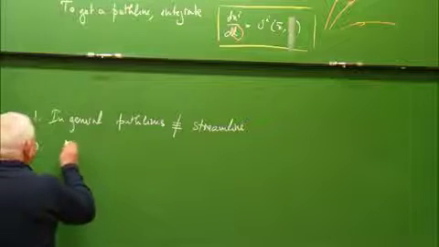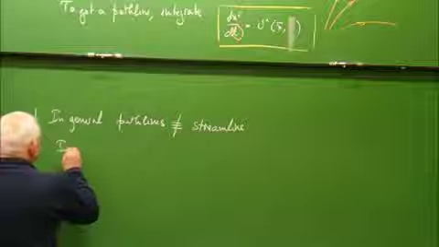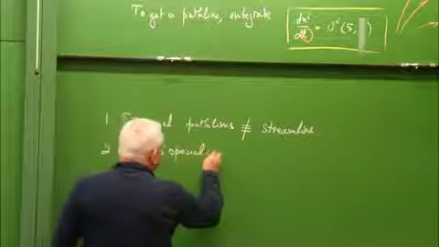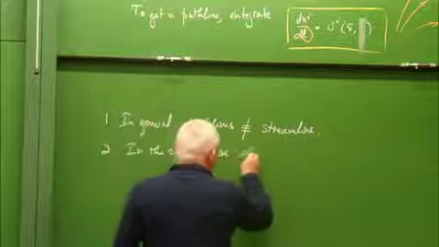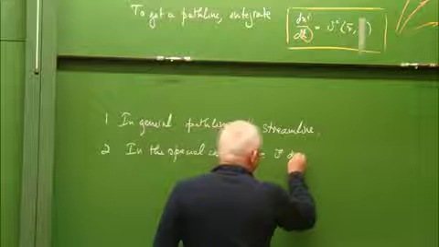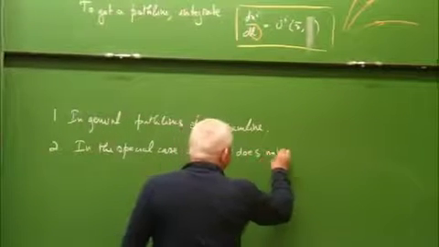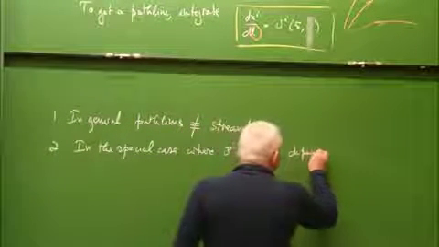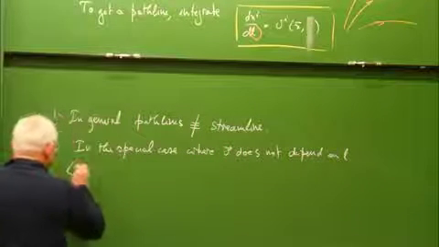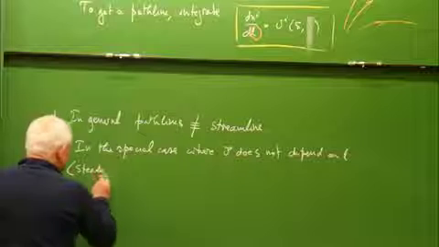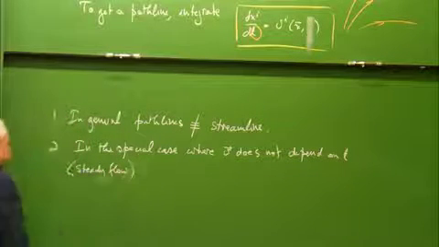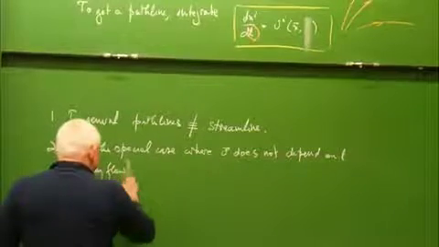The coincidence occurs only in the special case where v does not depend on t. And this is called a steady flow, or a stationary flow sometimes.